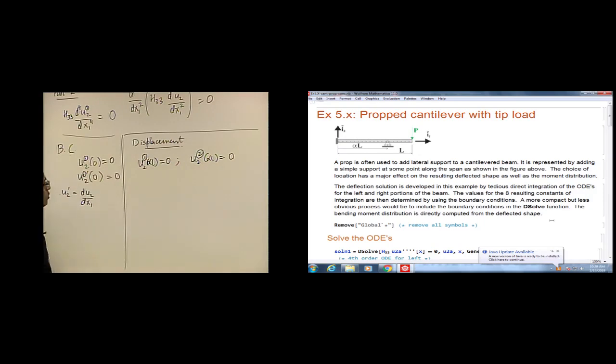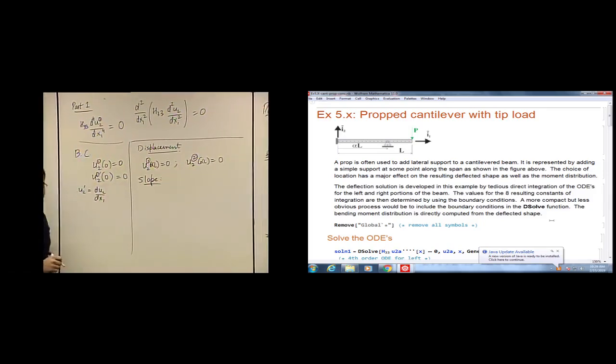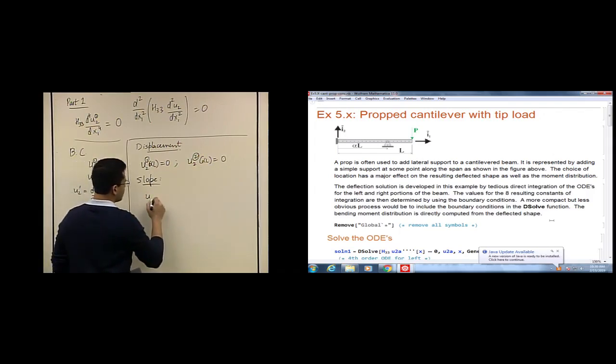Okay. Now what can we say about the slope? Does this pin joint restrict slope? No. So the pin joint doesn't restrict slope, so it has to be continuous.